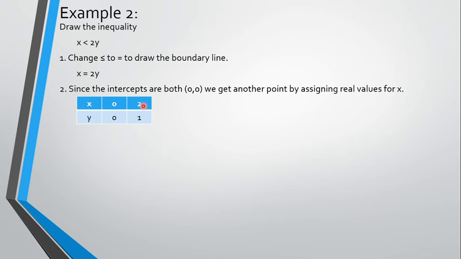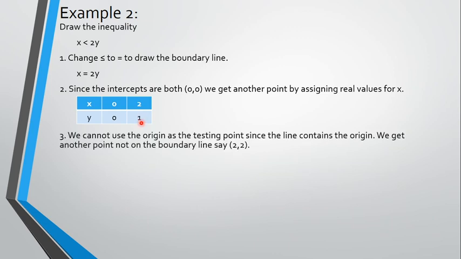So if x is 2, we have 2 is less than 2y, so that is 2 divided by 2, so we can get y as 1. So this is assigning real values.